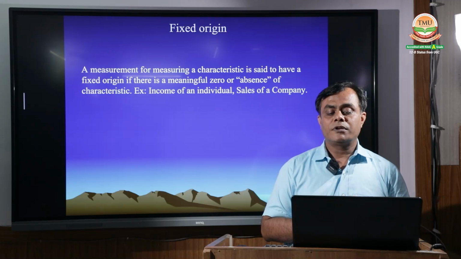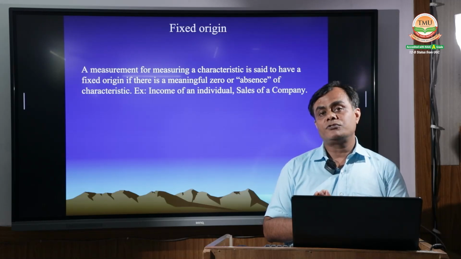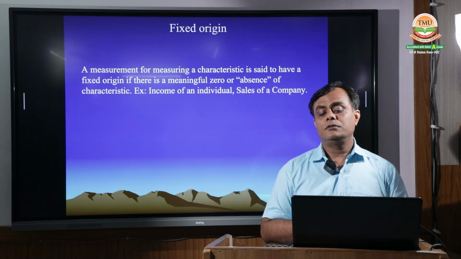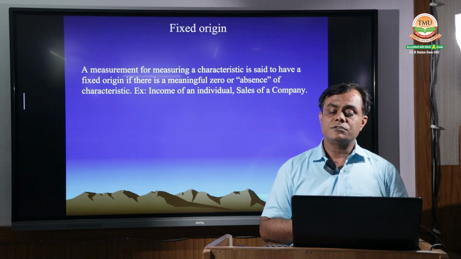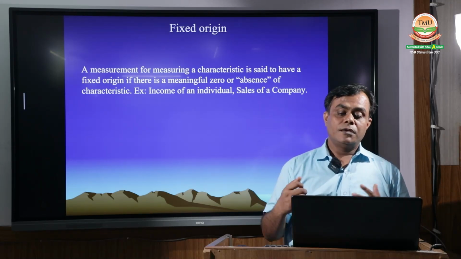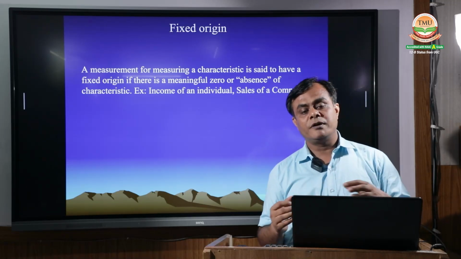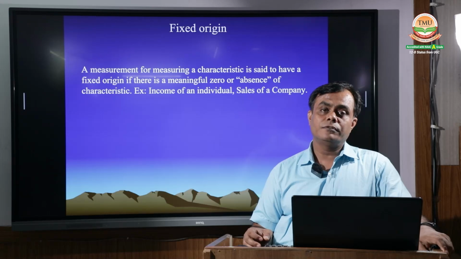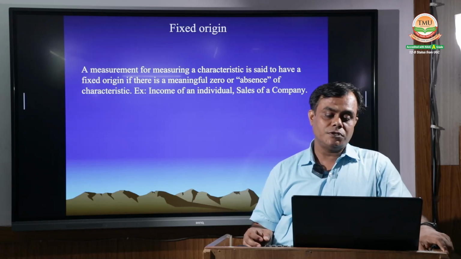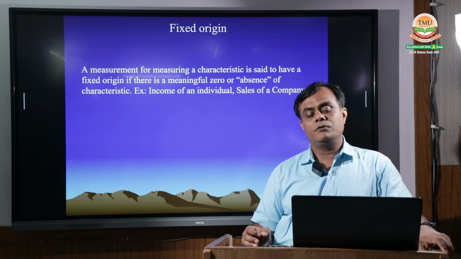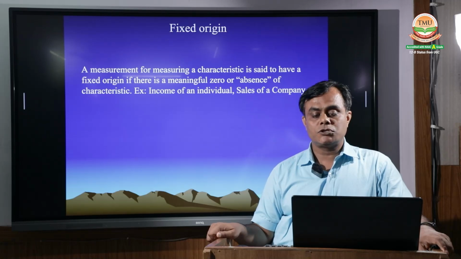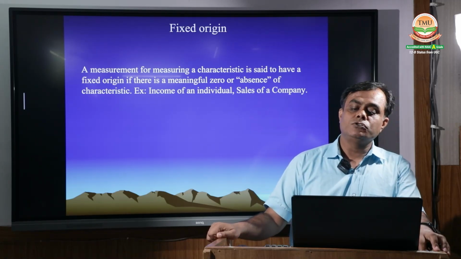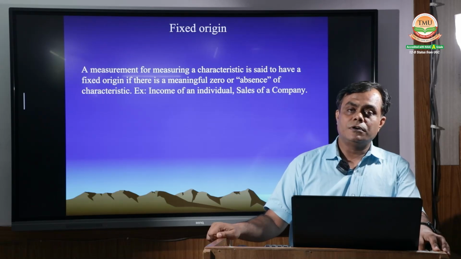Whatever the origin is, it should be fixed in any time frame, like the income of an individual or the sales of a company, which is always fixed for a time period. So the origin is always fixed, and that is called the fixed origin. The measurement of the characteristic is said to have a fixed origin if there is a magnitude of 0 for the absence of the characteristic.